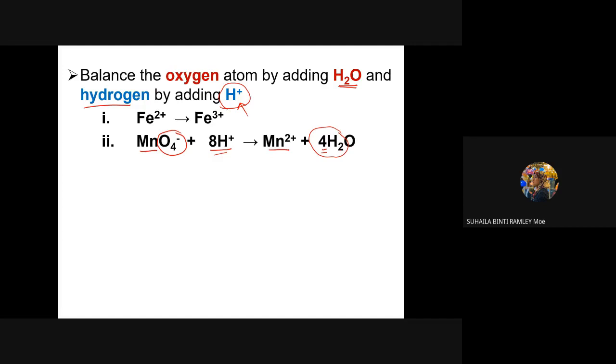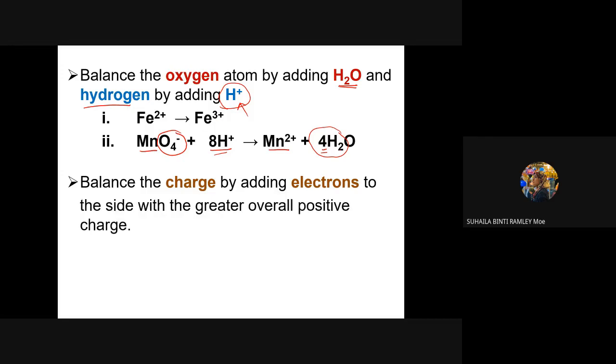Okay, ada, kita proceed. So after semua elemen dah balance, okay, kita balance charge by add electron. So double check electron. Okay, electron sebenarnya electron itself dia charge-nya negatif. So kita akan add electron pada side yang more positif.